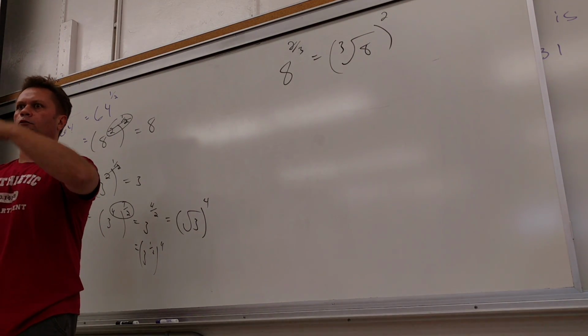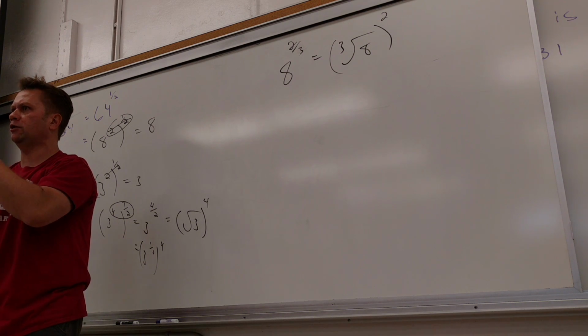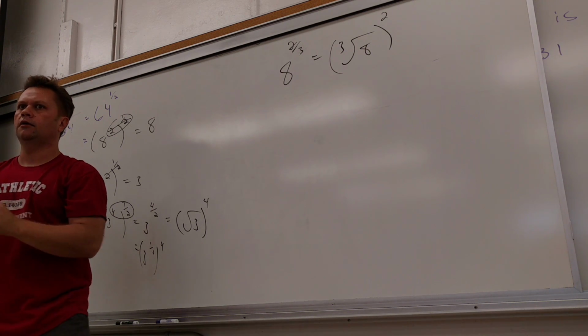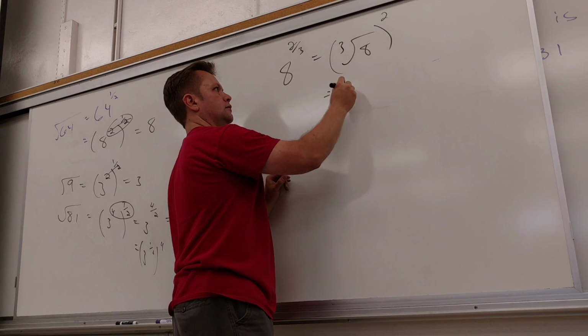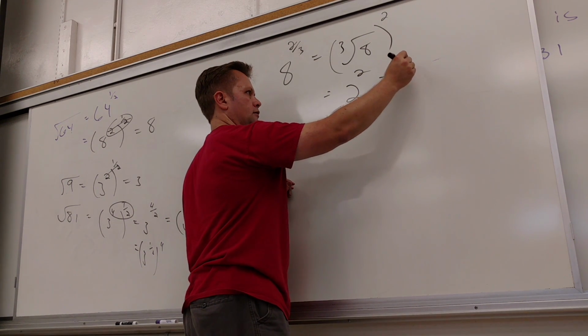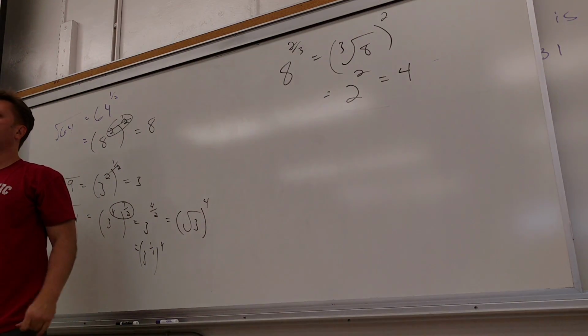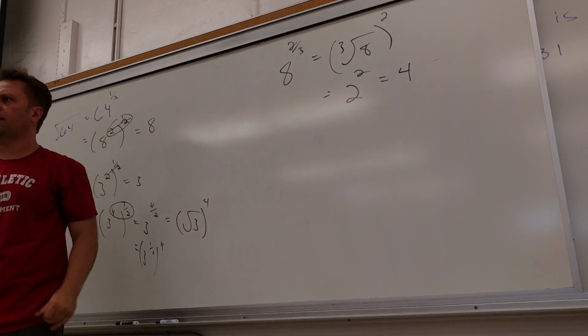Doesn't matter, because 1/3 times 2 is the same thing as 2 times 1/3. It does not matter. Cube root of 8 is 2. Squared is 4. Okay. This is how you break down a number that's raised to a fractional power.